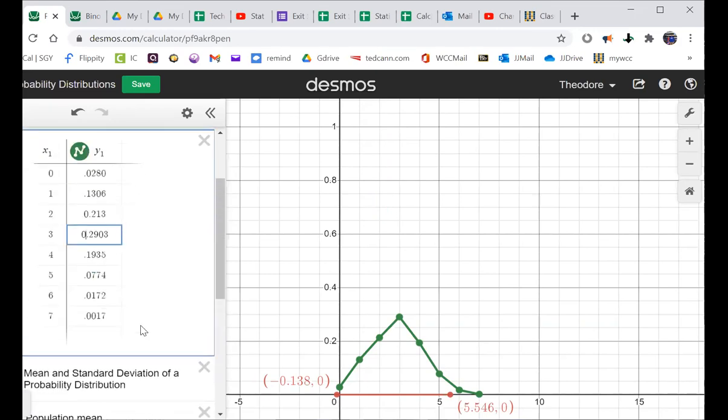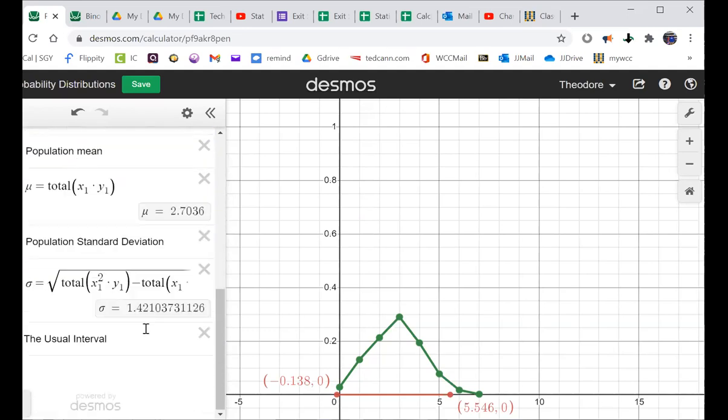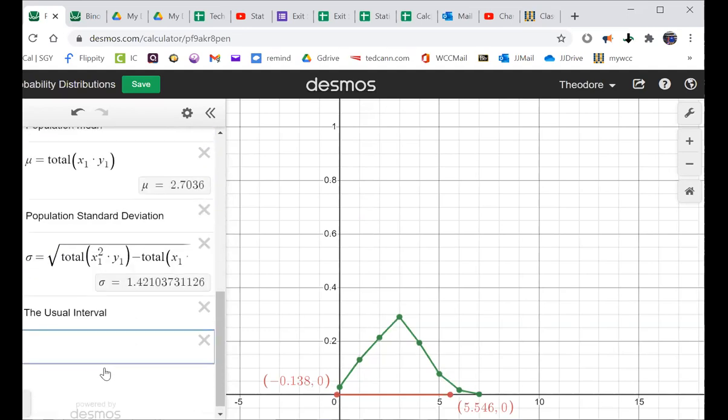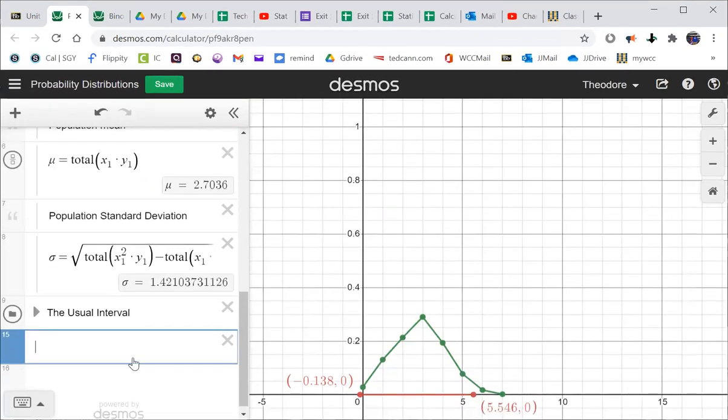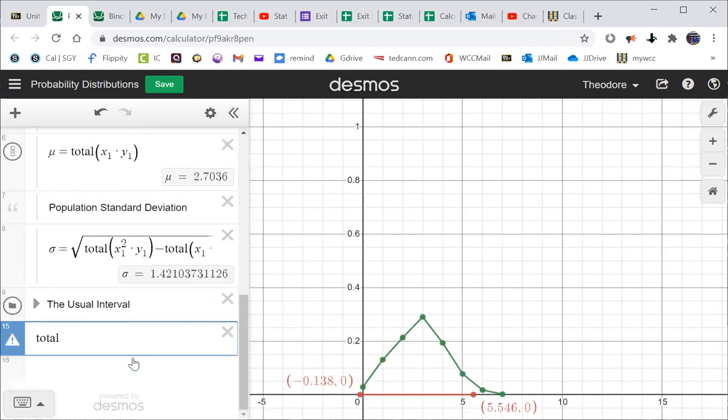All right, so on Desmos, the way to check that is to use the total function. All right, so all I would have to do, let me just move this over a little bit, is just type in total Y1 and see if that gives me a value equal to 1.